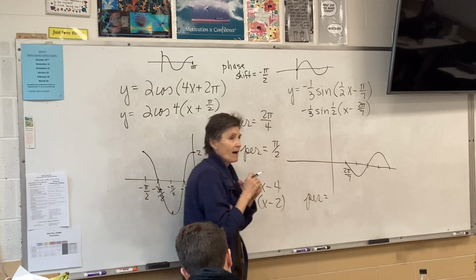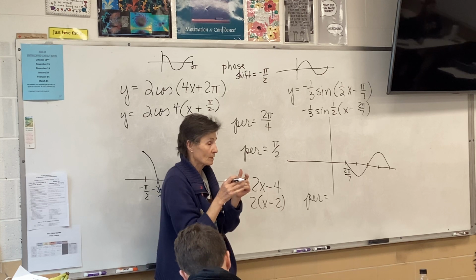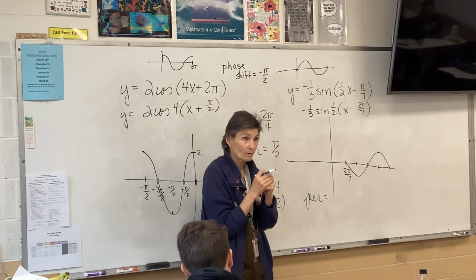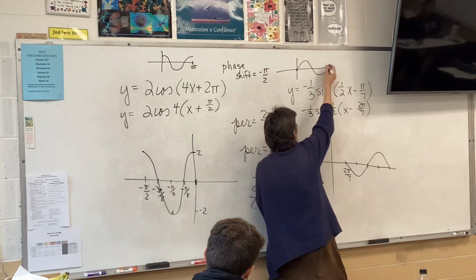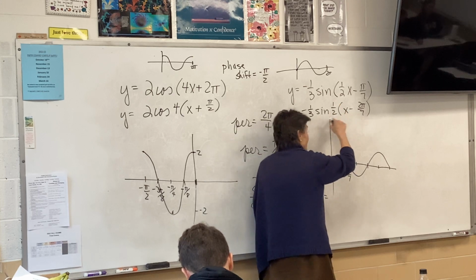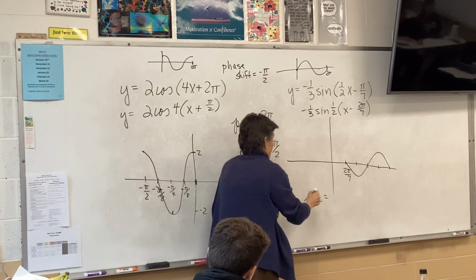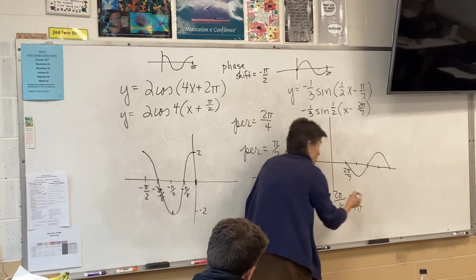Well, how do we find the period of a sine or a cosine? We take the normal period, which is 2 pi, and we divide it by that number. So my period is 2 pi divided by a half, which is 4 pi.